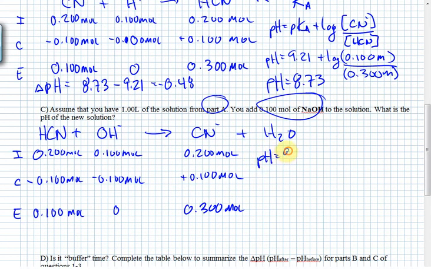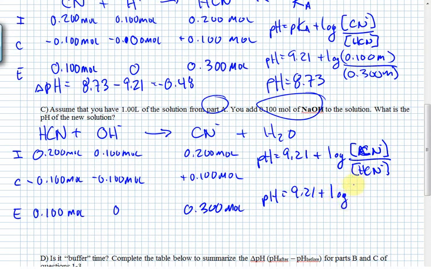Again, plug into my equation. pH equals 9.21, the pKa for HCN, plus the log of the ratio of the base, CN minus, to the acid. Again, plug that in. Notice that the ratio is just flipped. I now have more of the base, 0.300.